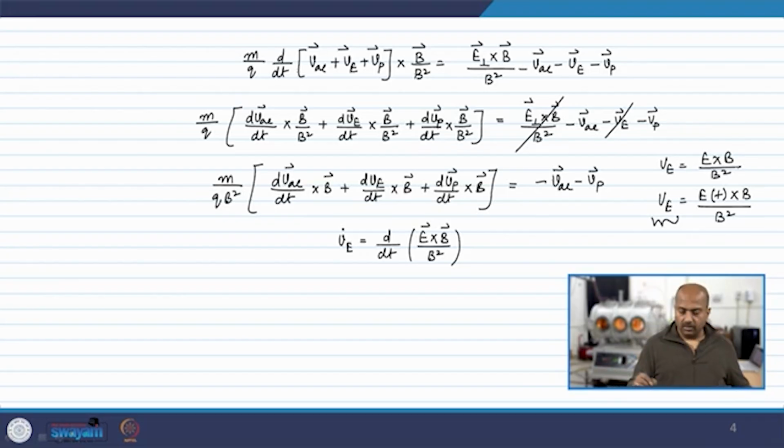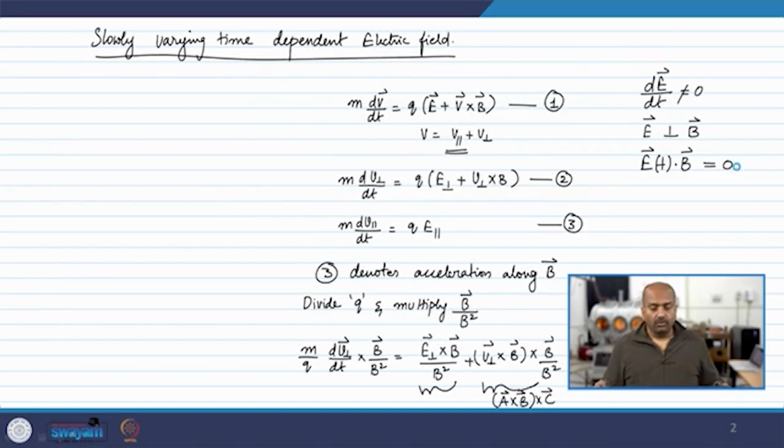Before we discuss this last formula, let us go back and comprehend what we have done so far. We are considering a slowly varying time dependent electric field. We started with the basic Lorentz force equation and decomposed it into two equations, one for the perpendicular component and another for the parallel component.